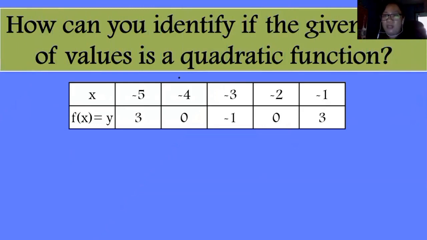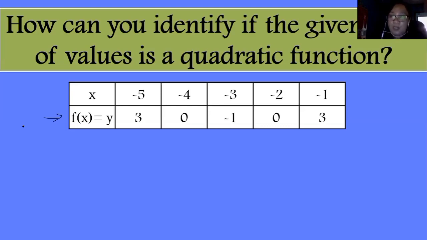Now, how can we identify if the given table of values is a quadratic function? So let's focus on the y values. Okay? For us to identify whether the table is a quadratic function, there would be two options. You graph it and then see how the graph looks like.